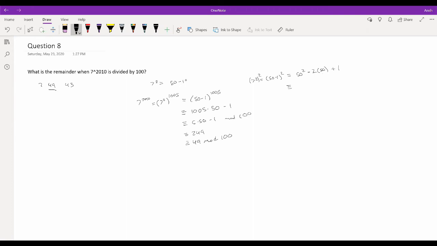So 7 to the 4th power is 1 mod 100. That means we can just find 2010 mod 4 and find the equivalent. It's the equivalent of 7 squared mod 100, because 2010 mod 4 is 2. And we can see that this gives us the same answer, which is 49 mod 100.